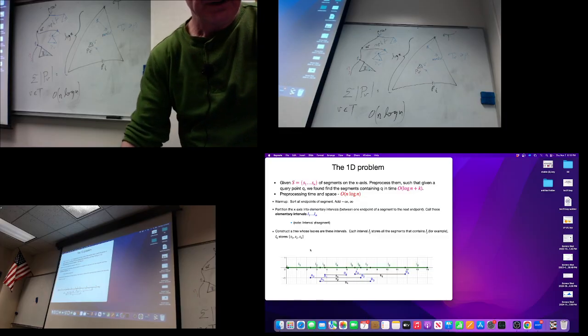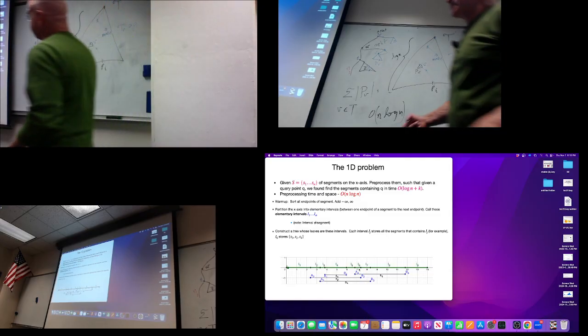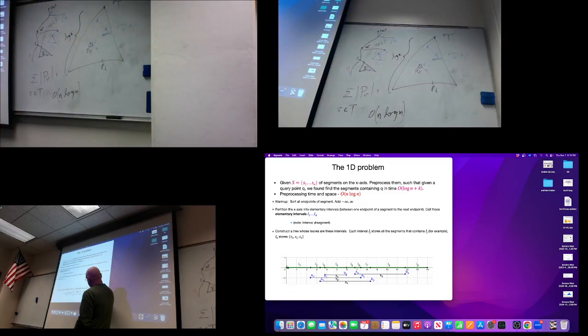And at some point, I would like every such elementary interval to know which segments contain this interval. Look at this interval I6 over here. I6 is inside S4 and inside S2 and inside S3.